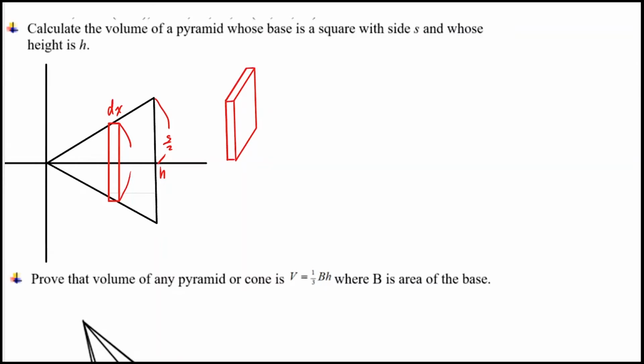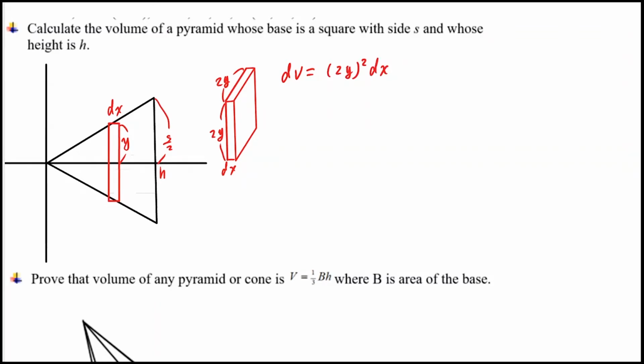This is my dV. Okay, so as before, this thickness is dx. Now, this whole thingy, do you see this much is y, right? Once again, x, y. So does that tell you this is 2y? And this is 2y. Do you see that? So my dV at the moment is (2y) squared times dx.